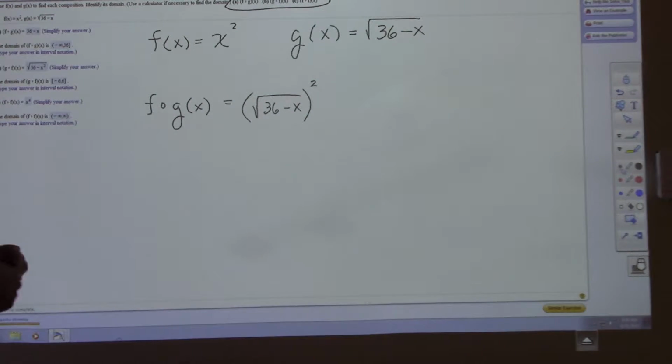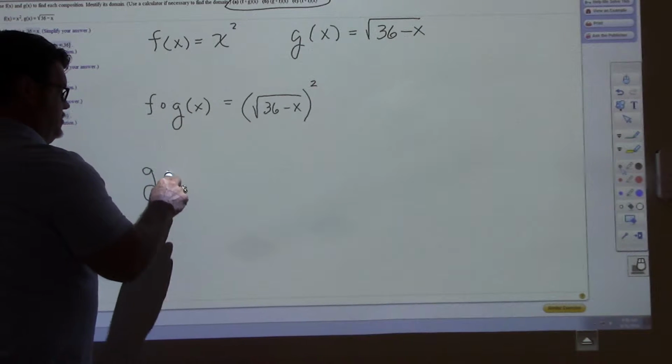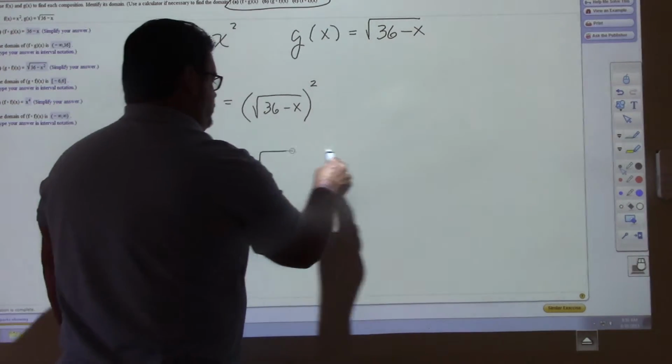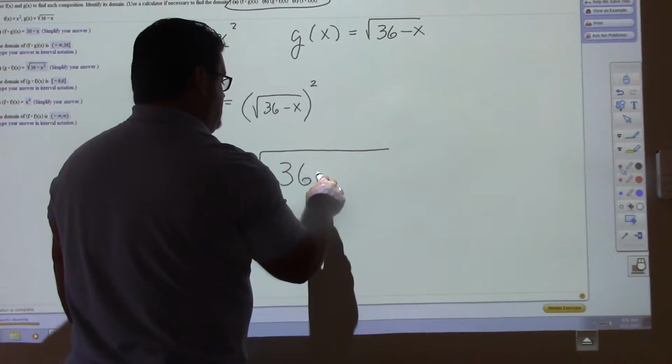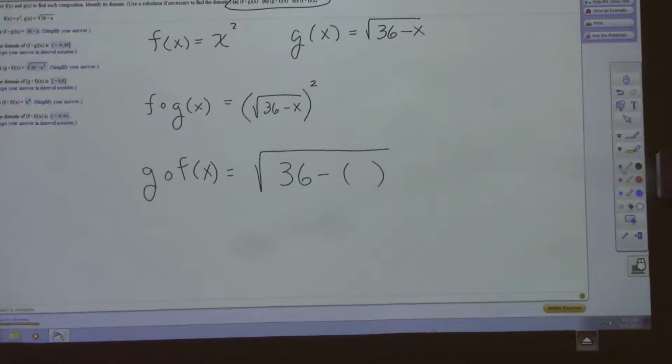All right, that's one. g composed of f. g composed of f of x is equal to 36 minus parentheses. And what are we going to plug into those parentheses? x squared.